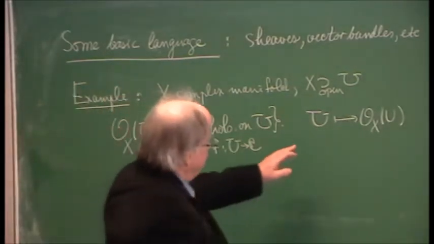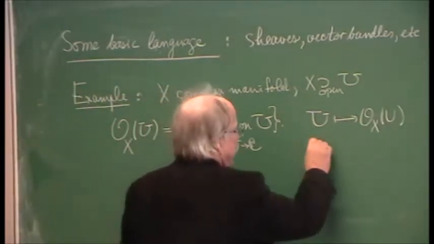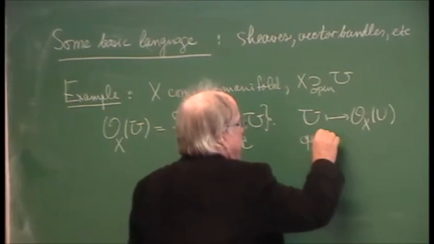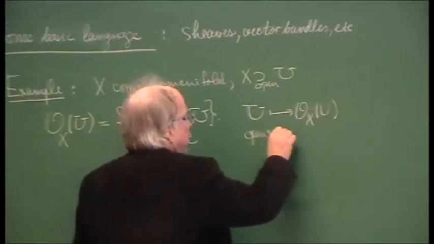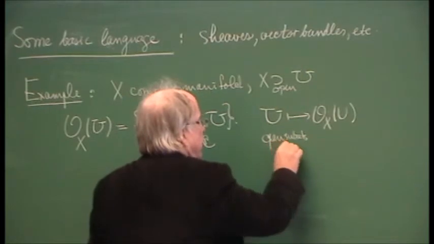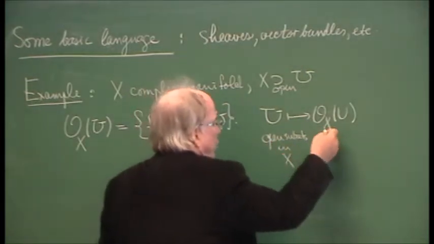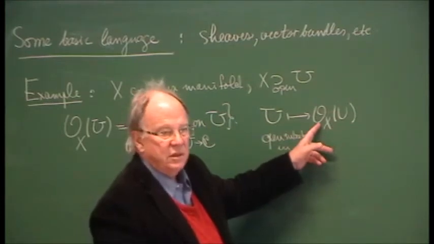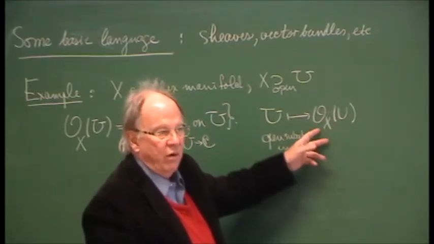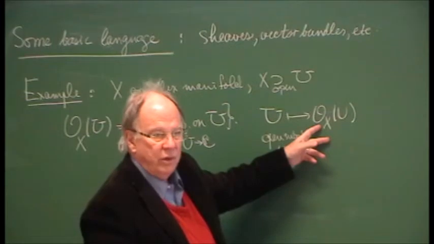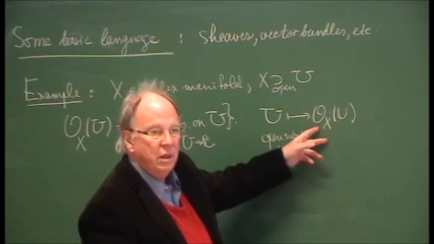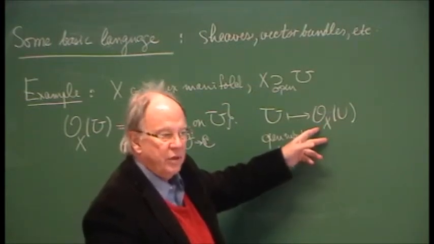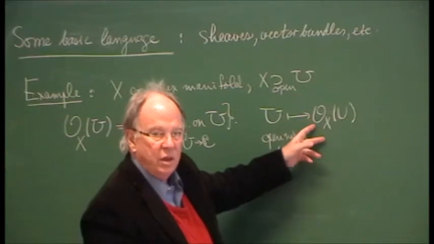And you think of this as a mapping from an open set in X to, well, you see this has a lot of structure here. This is a C-algebra, so quite often we only require groups. We only need one operation here. Here there are many operations, multiplication and addition.